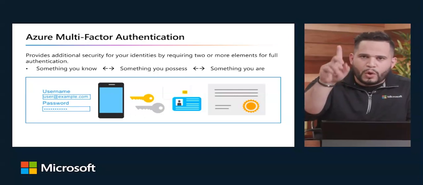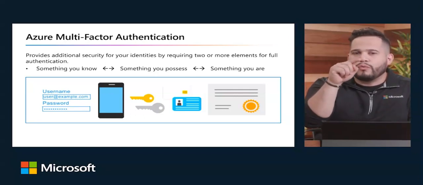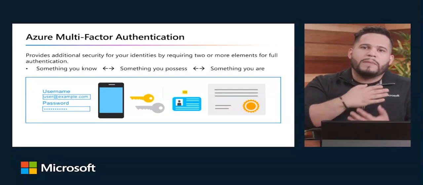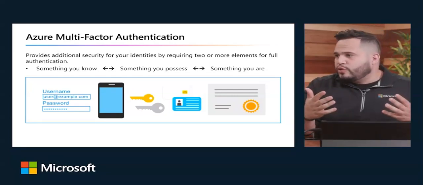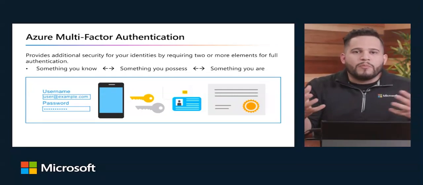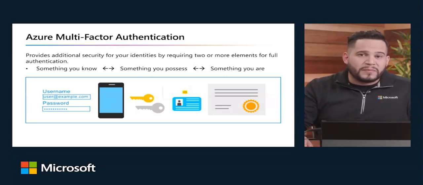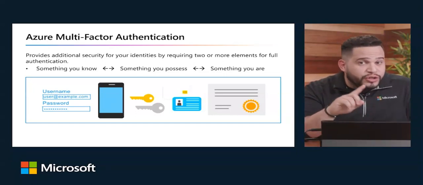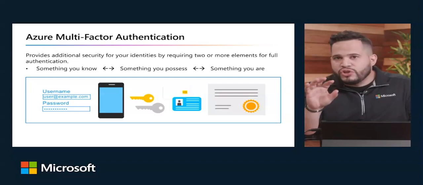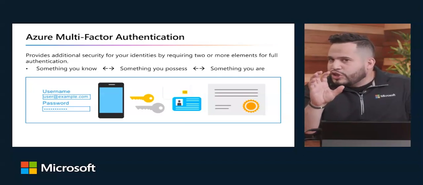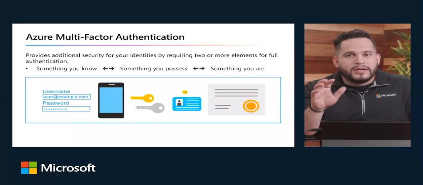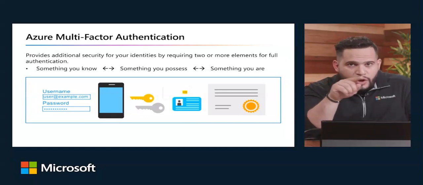Number 1, we can provide something you know. For example, I know my password, or I know an answer to a security question, right? I know my username, so I'm going to have to enter something that only I should know. I stress should, because unfortunately, some people share usernames and passwords, okay? It's something only you should know.